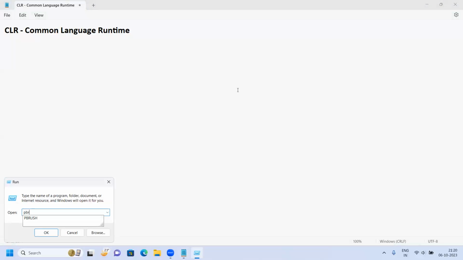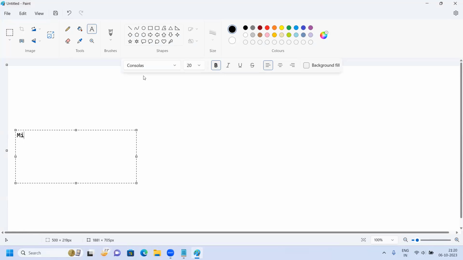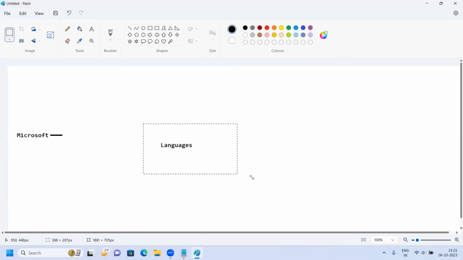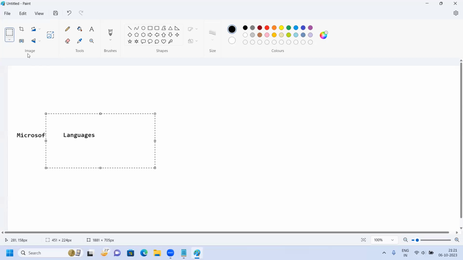Okay. So now I'll give you some idea of what CLR actually is and how it is going to work for our programming. Open paintbrush. Okay, CLR. Microsoft has come up with one part I call languages. In those languages, two things I'll highlight.